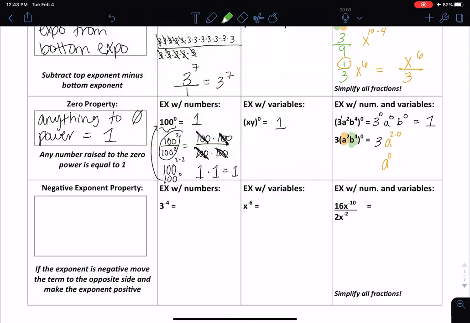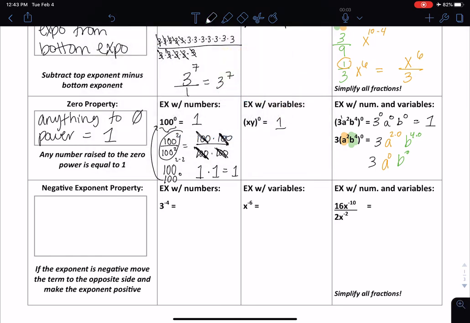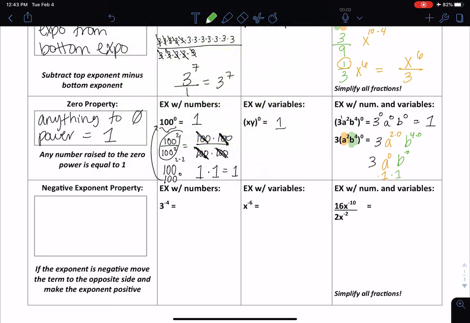Then I do B to the 4th times 0, which is B to the 0, but I still have that 3, okay, that doesn't have a 0 exponent, okay? So now the A to the 0 is just 1, and the B to the 0 is 1, and the 3 is still in the front. It didn't get affected by the 0. So I multiply the 3 times the 1 times the 1, which equals just 3.